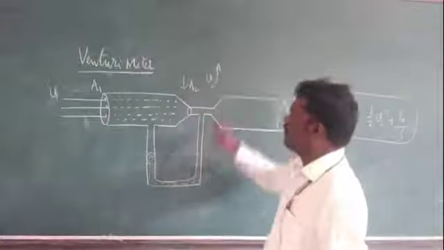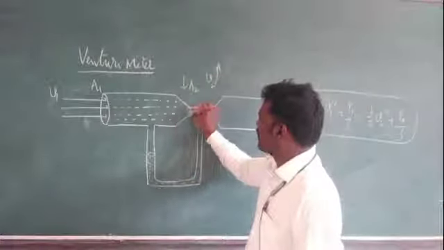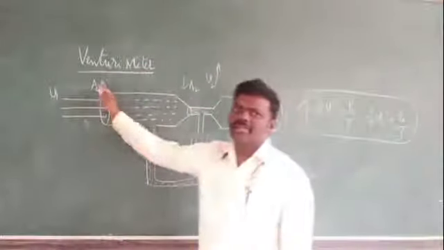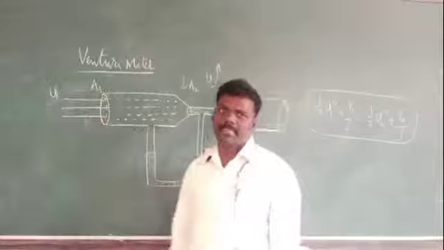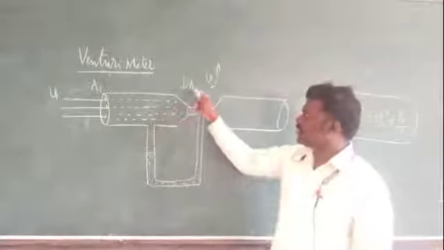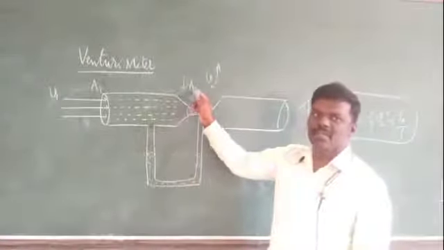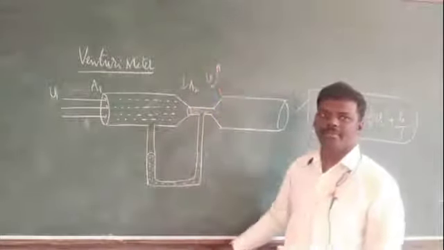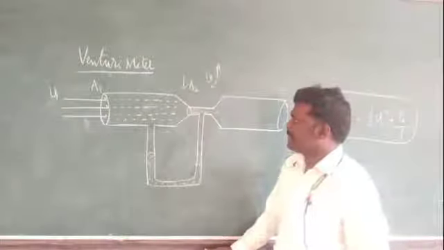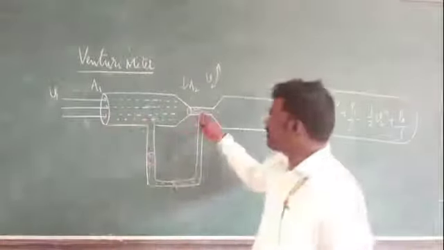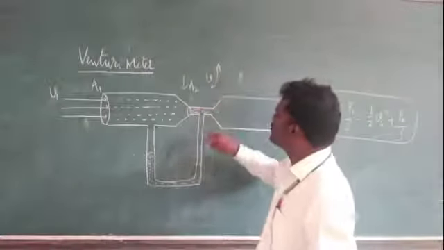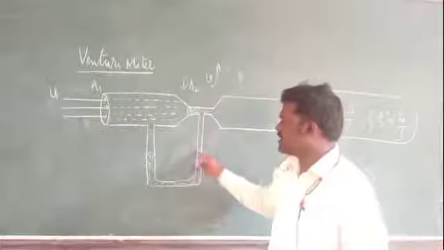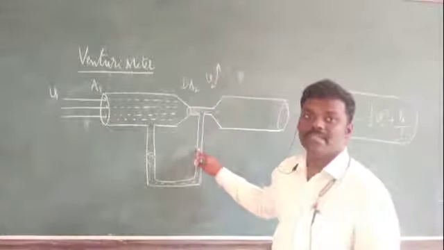That velocity is v2, so it is coming with great speed. Where the area A1 is more, velocity is less.